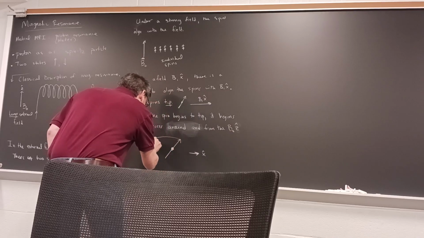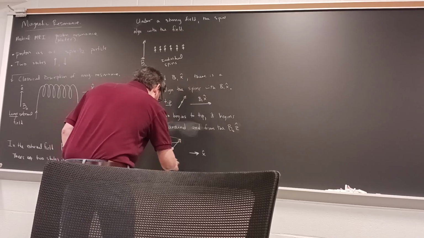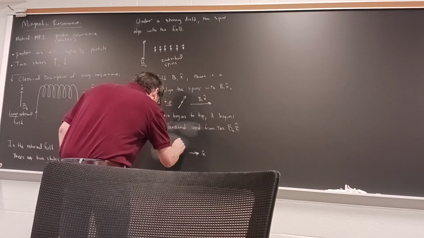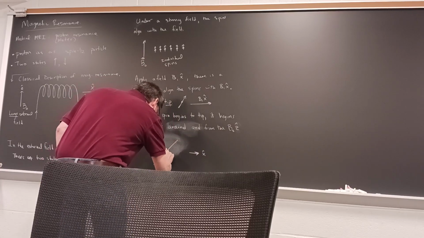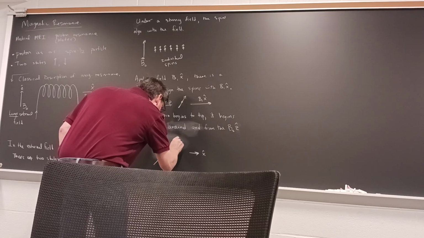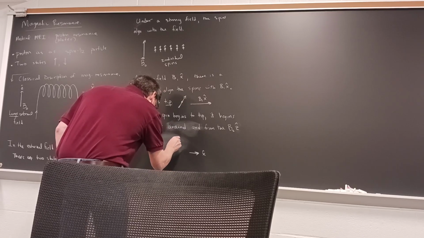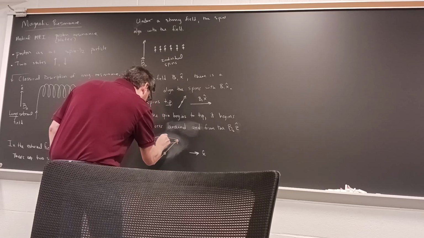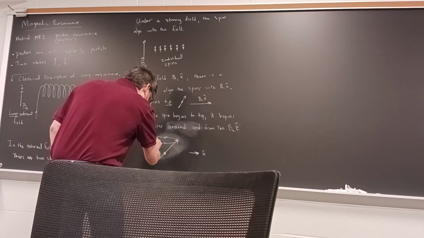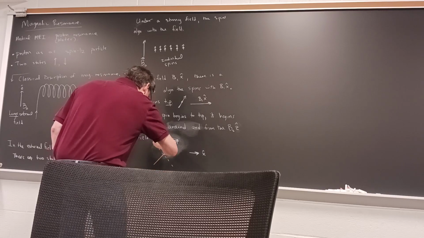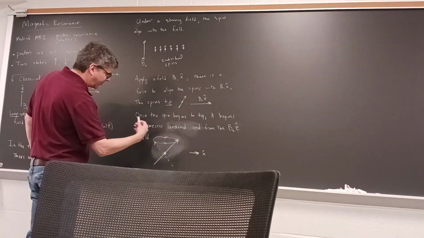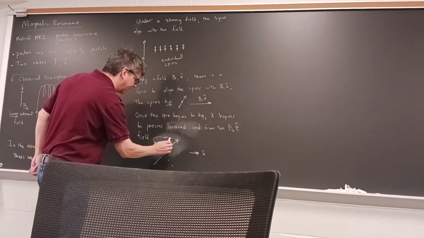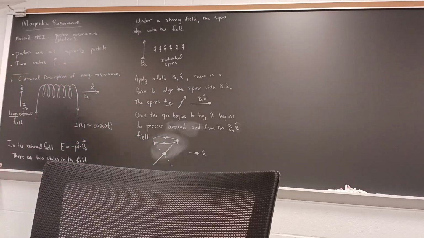And now you've got a precession around the field. The spin starts to precess because it's tipped in the big B0 field.